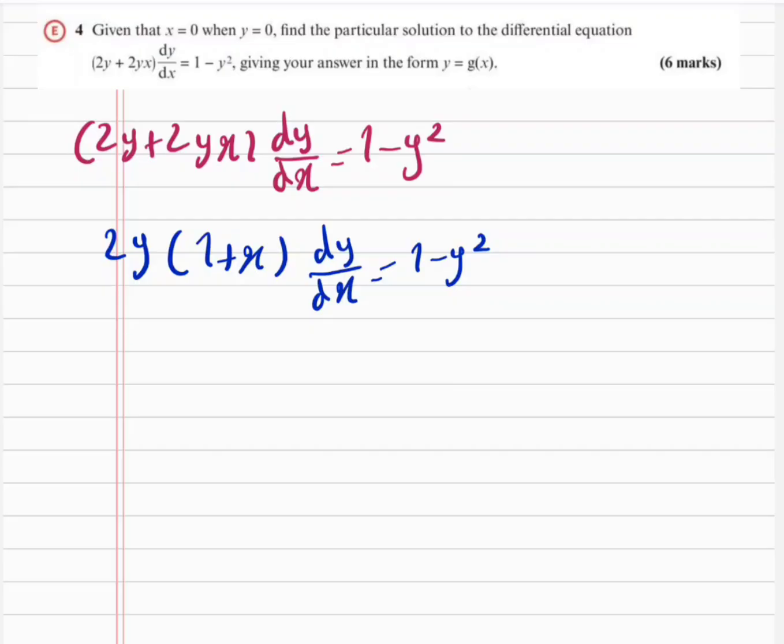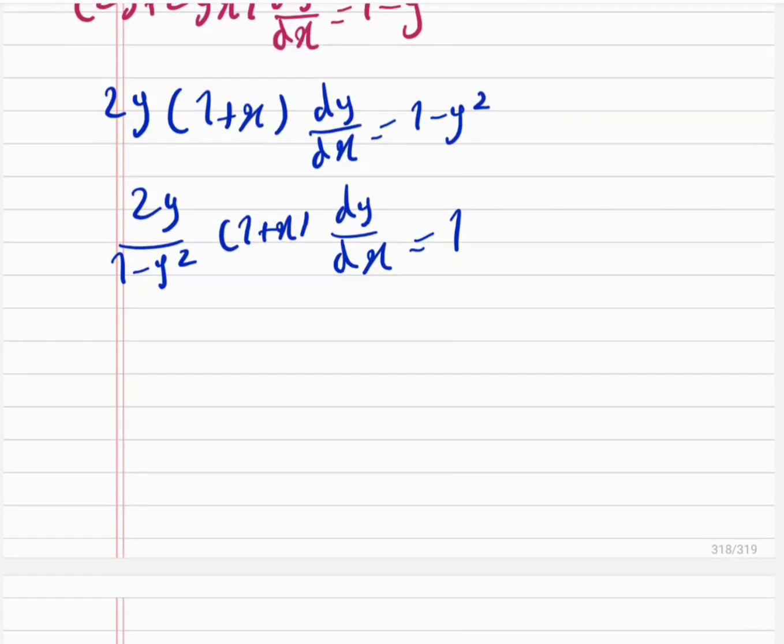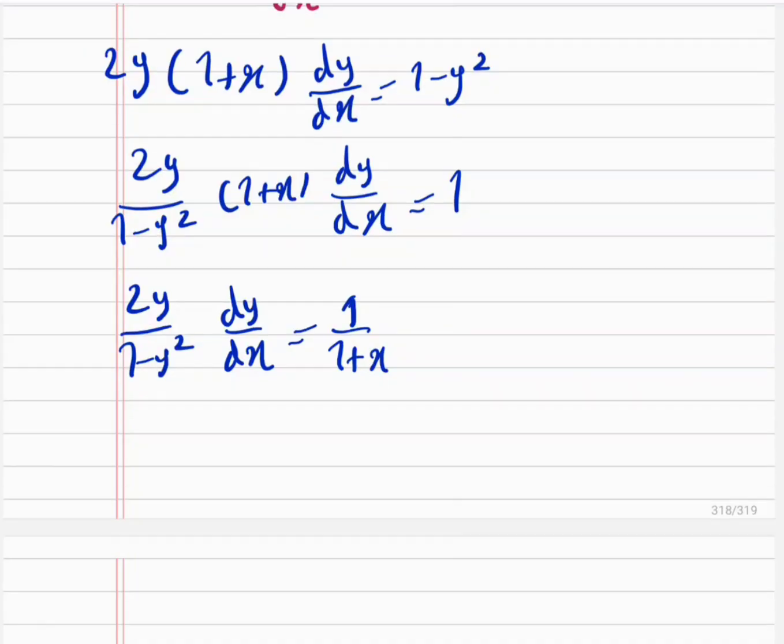So first we'll get 2y over 1 minus y squared, and the 1 plus x divided by the x is just equal to 1. Now we divide both sides by 1 plus x, so we get 1 over 1 plus x. And finally, we can multiply both sides by dx, which gives us 1 over 1 plus x dx.